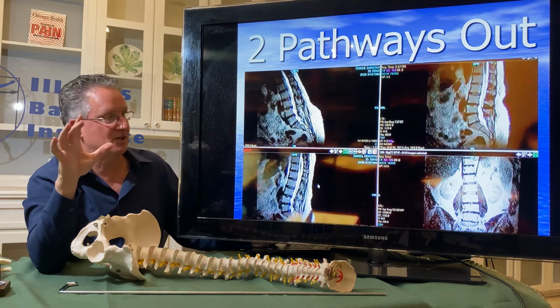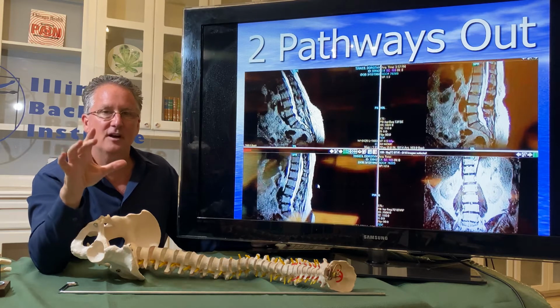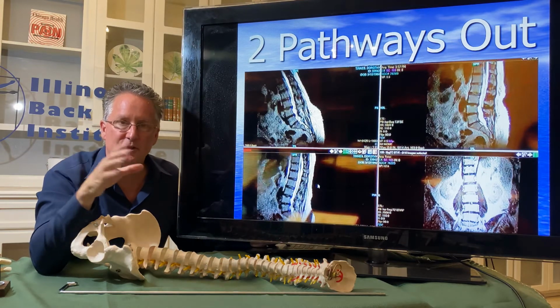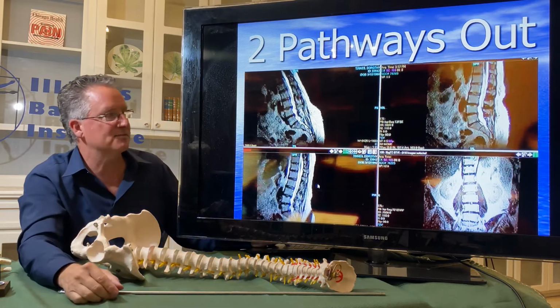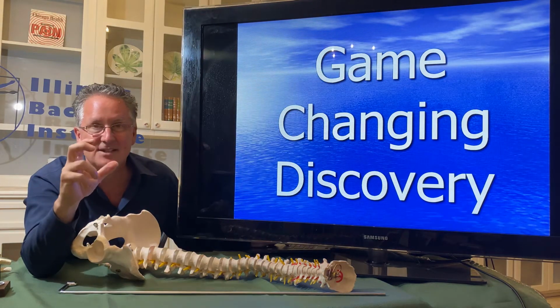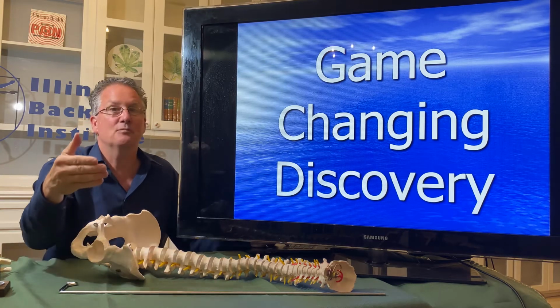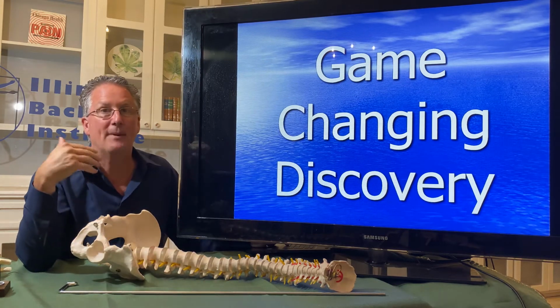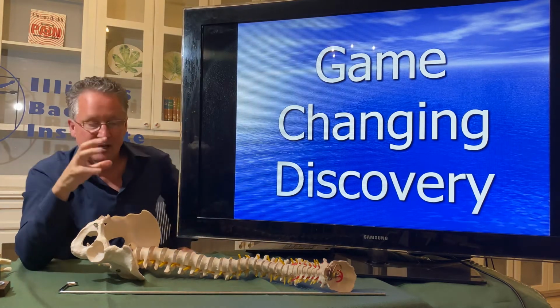We discovered, and this was the game changer, that the discs can move under load, and they move in two different directions, meaning there's two different mechanisms that will cause it. This changed everything, because sometimes yours can move forward, sometimes it can move backward, depending on your biomechanics, depending on your muscle function, how well everything works together.